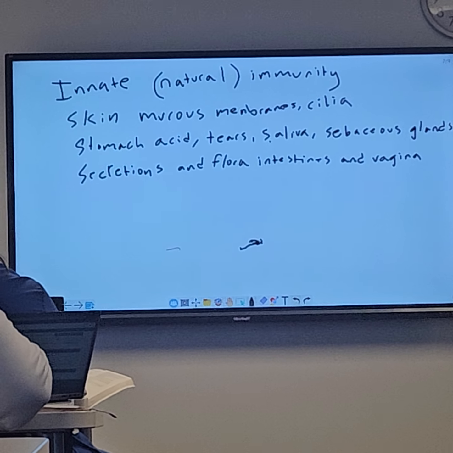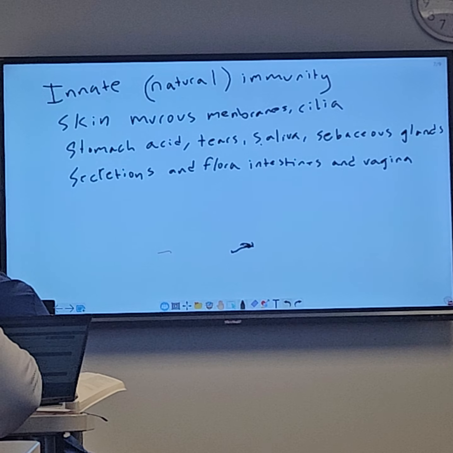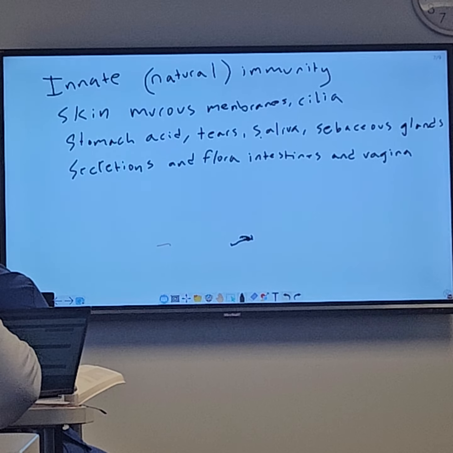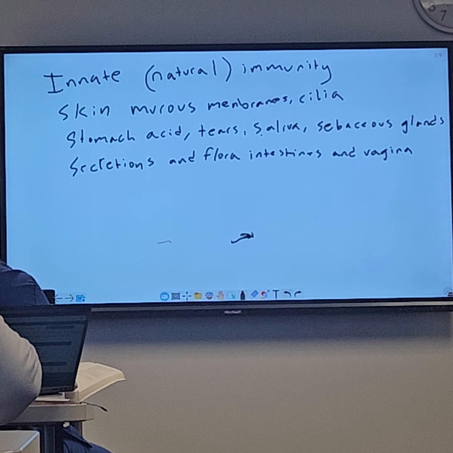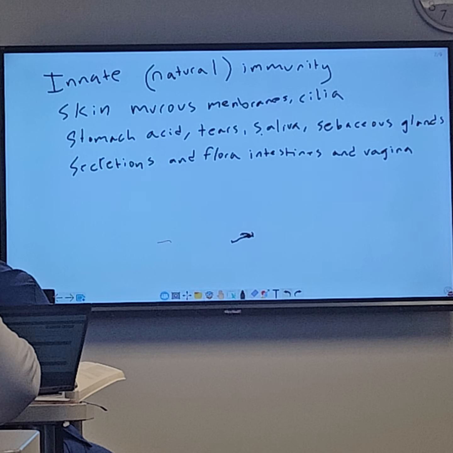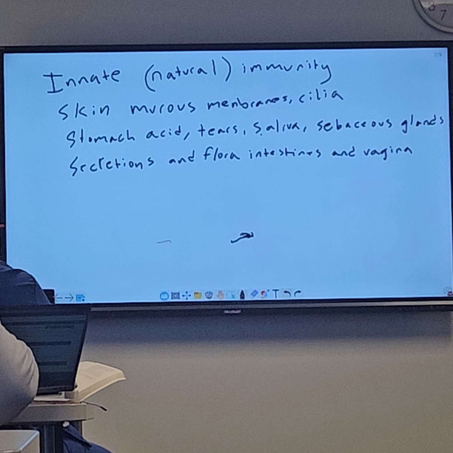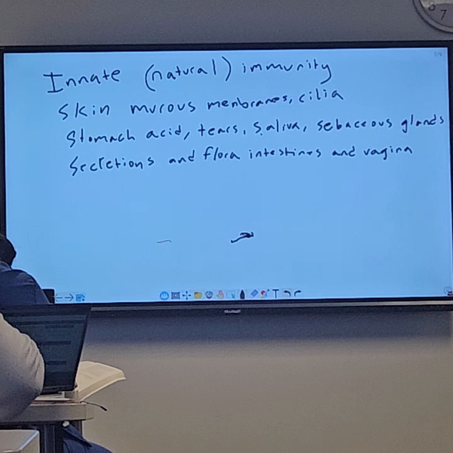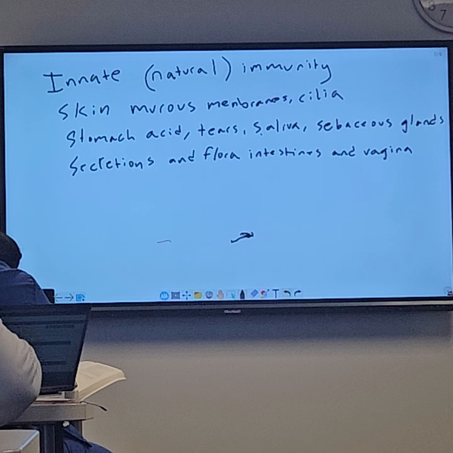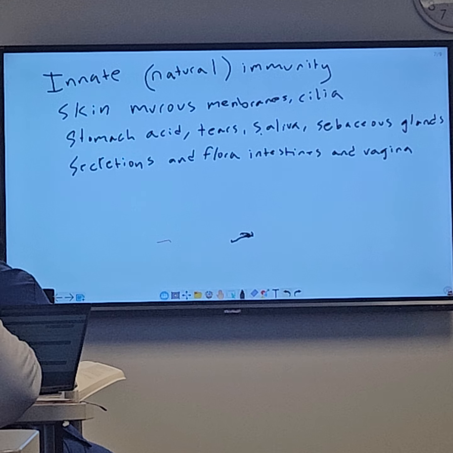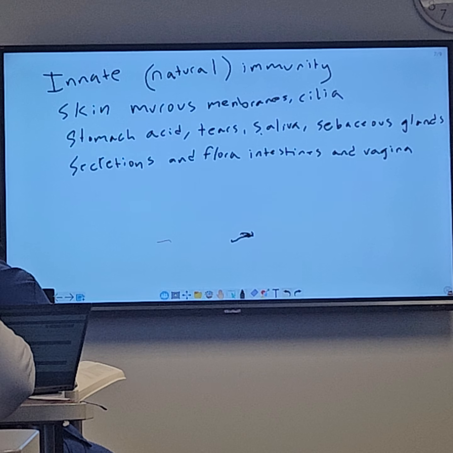You don't generally see this because you're unconscious to it. But your skin, for example, protects you from bacteria. That's why when you get a cut, you're more prone to an infection, because your skin is no longer covering you and there's an opening for bacteria or antigens to get in.